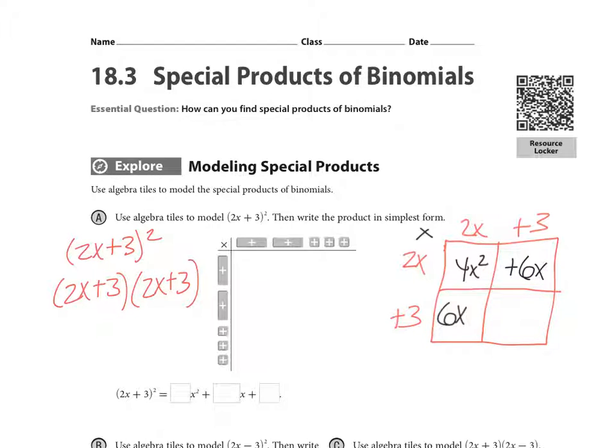You could do FOIL at this point, or you could do 2x times 2x plus 3, and then take plus 3 times 2x plus 3, and then work it out. And the thing we said about distributive is it works for all products of polynomials, doesn't matter what type.